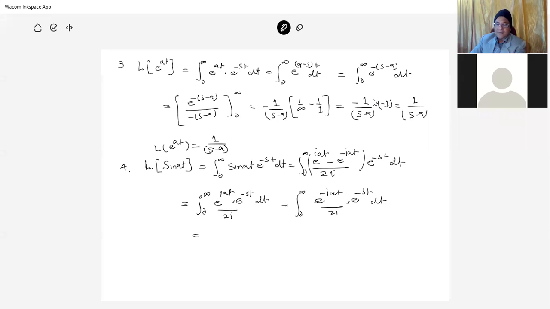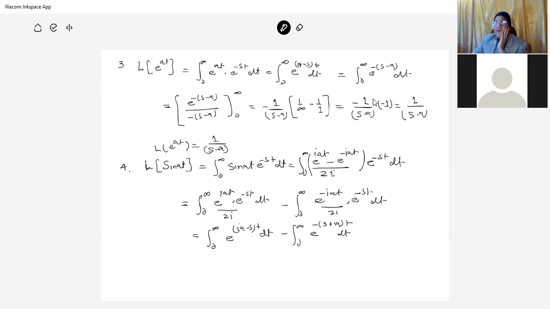And then after solving this one is 0 to infinity e raised to the power minus (s minus ia)t dt, and 0 to infinity e raised to the power minus (s plus ia)t dt, taking the minus common.